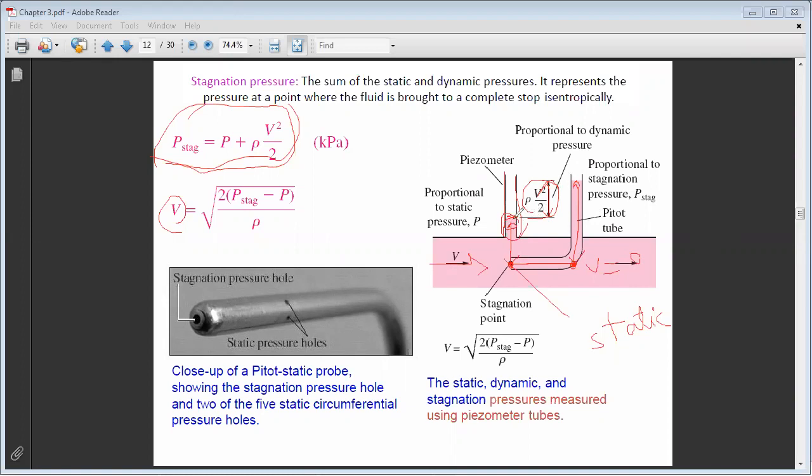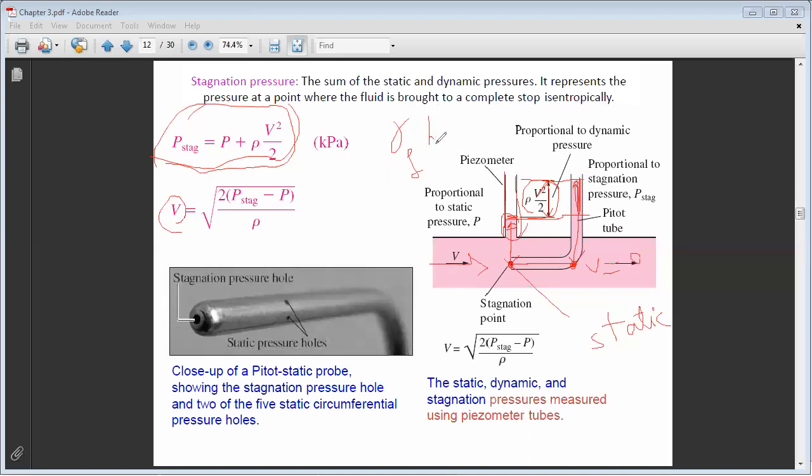So I can say that delta P, you know that delta P is just measured by the height of this column. Because if I have the same fluid here, I can say that the pressure difference between this point and this one is equal to gamma of the fluid times this height, times h.